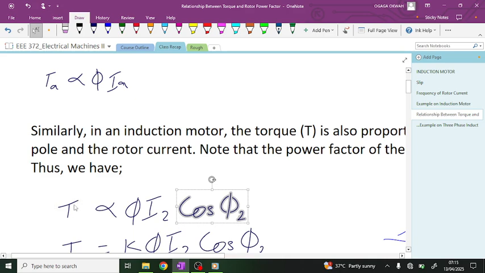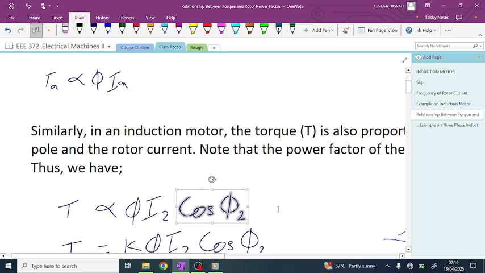For the induction motor, we talk about the rotor current and the rotor torque, while for the DC motor, we talk about the armature torque, the flux, and the armature current. Just that in this induction motor, we now consider the rotor power factor.